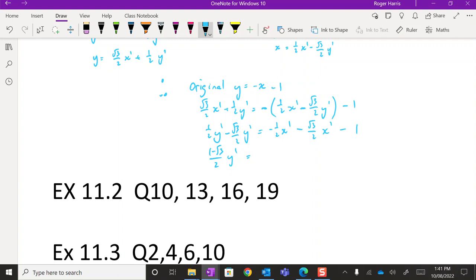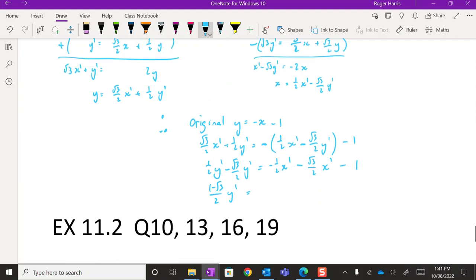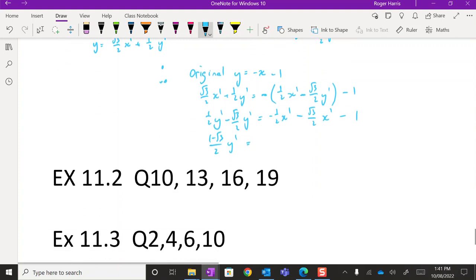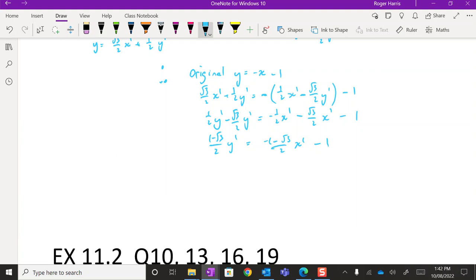So 1 take root 3, and then 1 take root 3 y dash, and I've got negative 1 minus root 3 on 2x1 take 1. I'm going to times everything by 2, get rid of that 2. So I'm going to get 1 take root 3 y1.